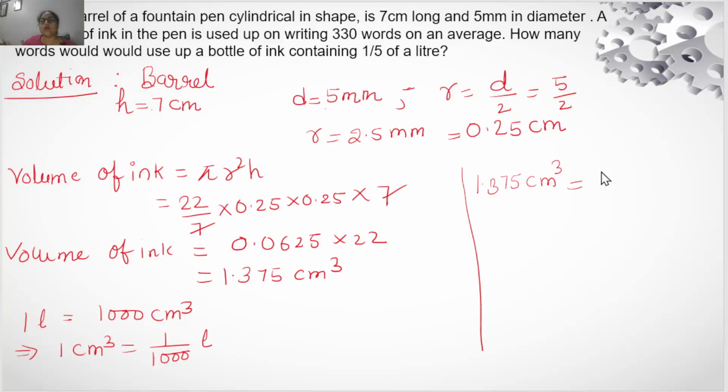So just find out 1.375 upon 1000. When it is converted into liter, you are going to get 0.00137 liter ink. Okay. Now this much ink is able to write 330 words. Means whatever amount of ink is filled in the barrel, that is able to write 330 words. Okay. So we are moving further.